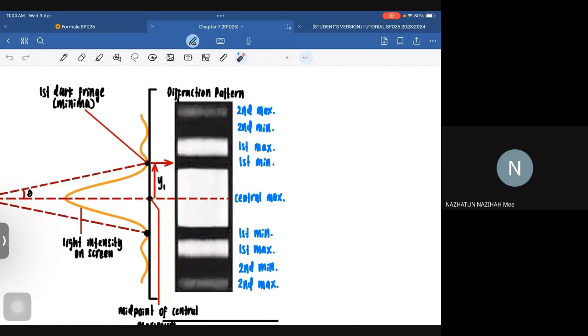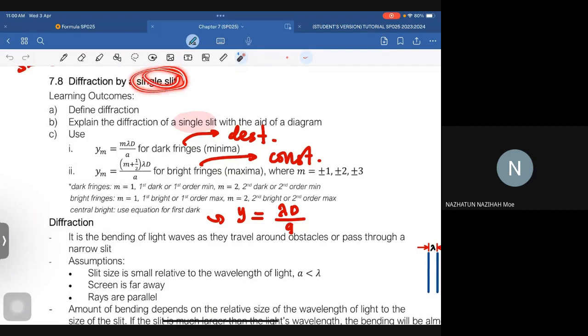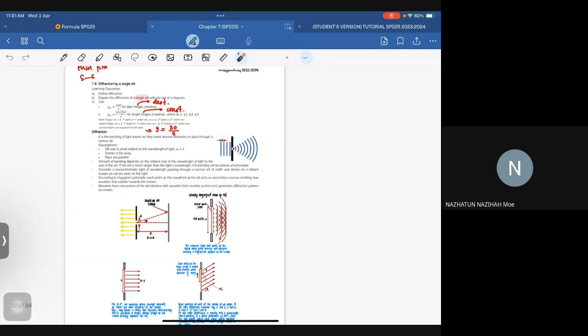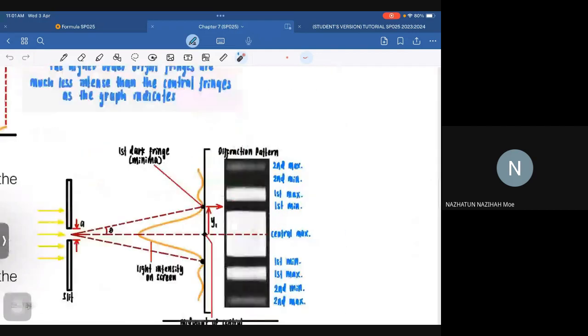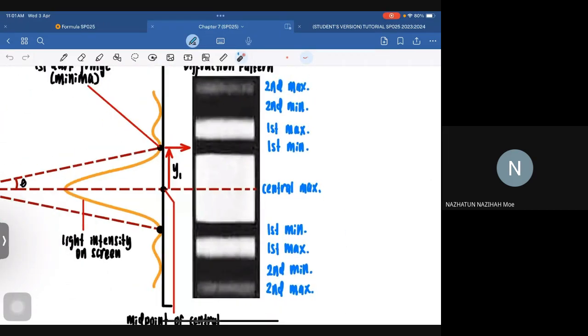Okay, so sekarang ni kita kena ingat apa? Kalau single slit, dia mention sini, kalau dia cakap first dark, kita ambil order number terus 1. Okay, so maksudnya dia tidak payah minus 1 lah. Okay, yang minus 1 cuma untuk double slit. Okay, so dari sini dia minta third dark fringe, meaning that is the third max.